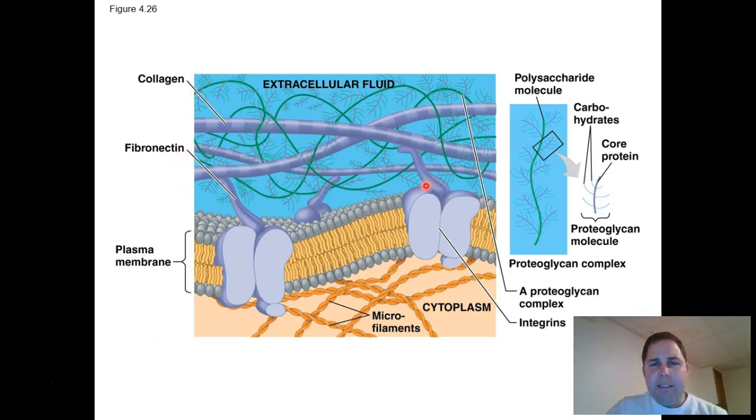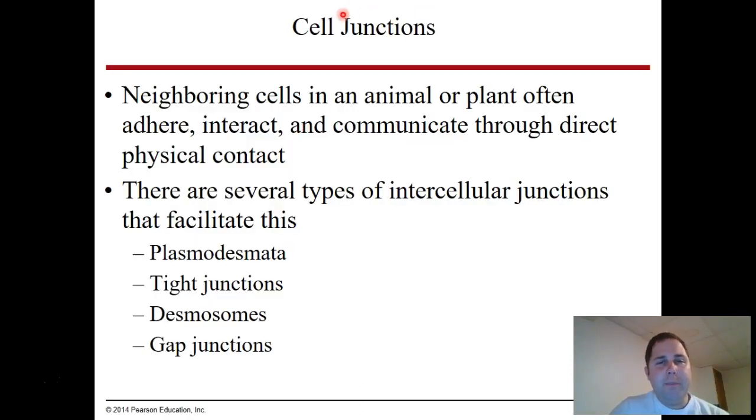It can provide some layer of cell recognition, some layer of cell structure, and cell protection, and because you can see it here on this picture of the bilayer, know that it can interact with integral membrane proteins and consequently the cytoplasm and materials in the cytoplasm, such that you can have interactions between the cytoskeleton, the integral membrane proteins, and the extracellular matrix. That's about all you need to know for the extracellular matrix.